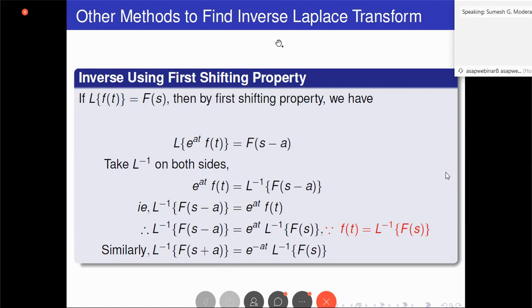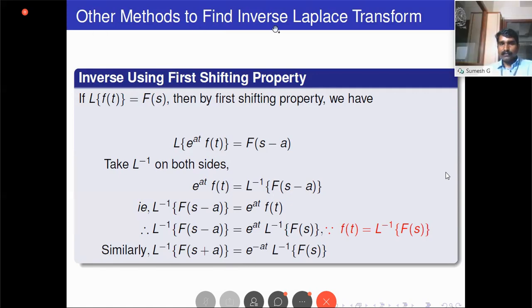Next we discuss other methods to find inverse Laplace transform. The first method is inverse using the first shifting property. This we already explained in the first class, session 1.